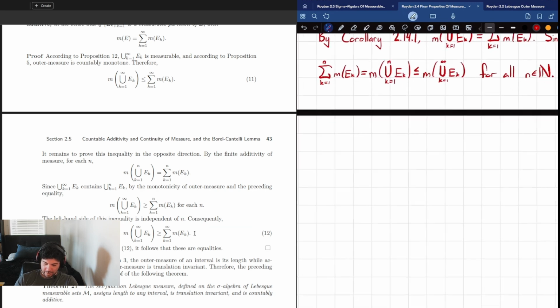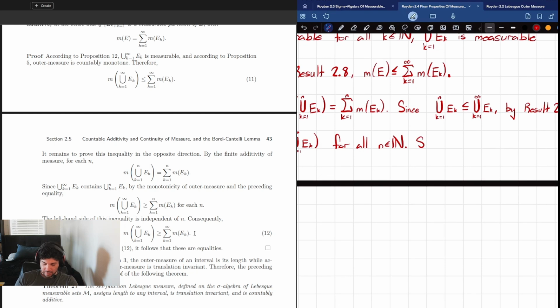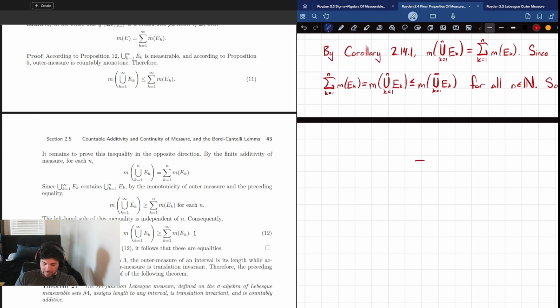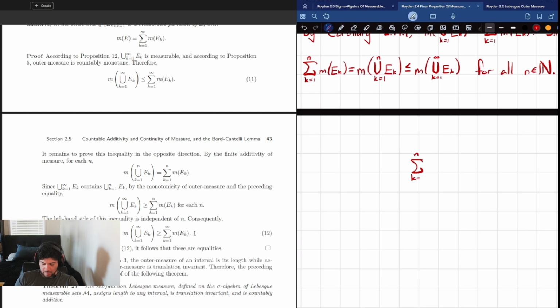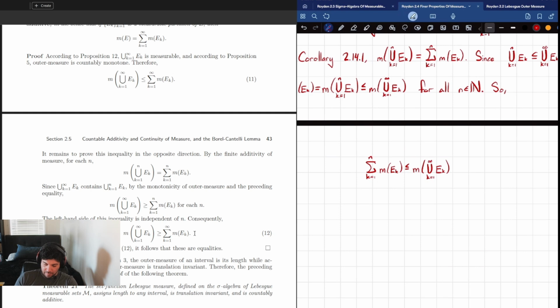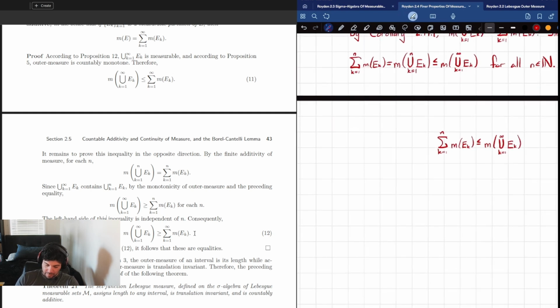Okay. So we have N, EK is less than or equal to the measure of this. So there's going to be two cases, I think.